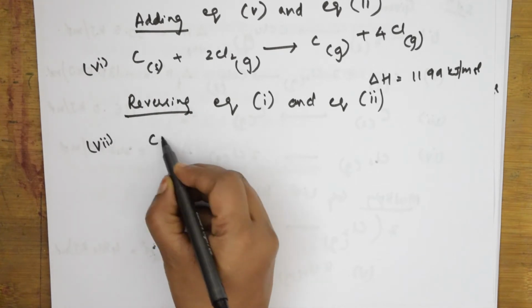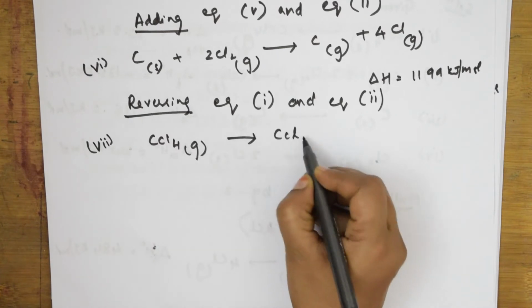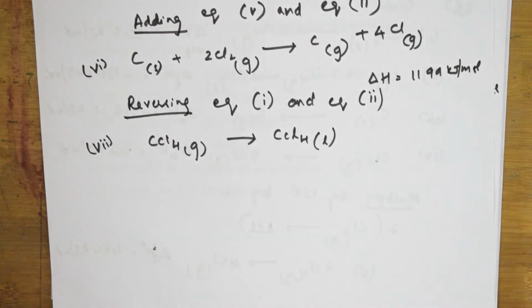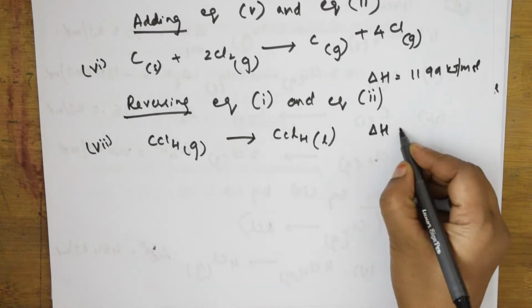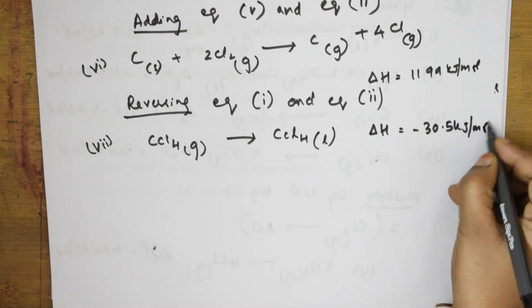When I reverse, I get carbon gaseous plus 4 chlorines gaseous giving CCl4 liquid state. Here delta H for this is minus 30.5 kilojoules per mole.